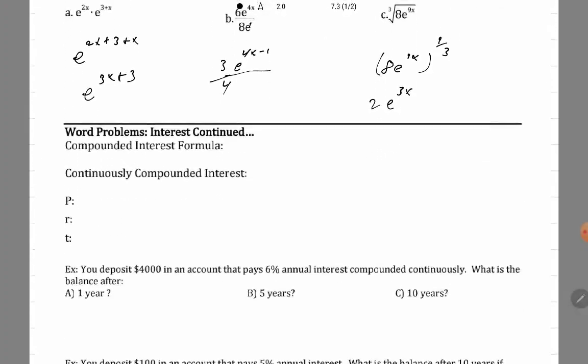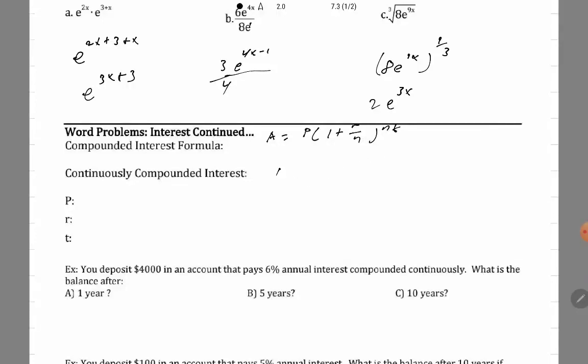Alright, word problems. Last time we worked on compounding interest at certain intervals. In banking, they started to move on to continuously compounding interest. So you can think of it like every second, it just keeps compounding. This is represented, so we had the original one, A equals P times 1 plus r over n, to the nt.